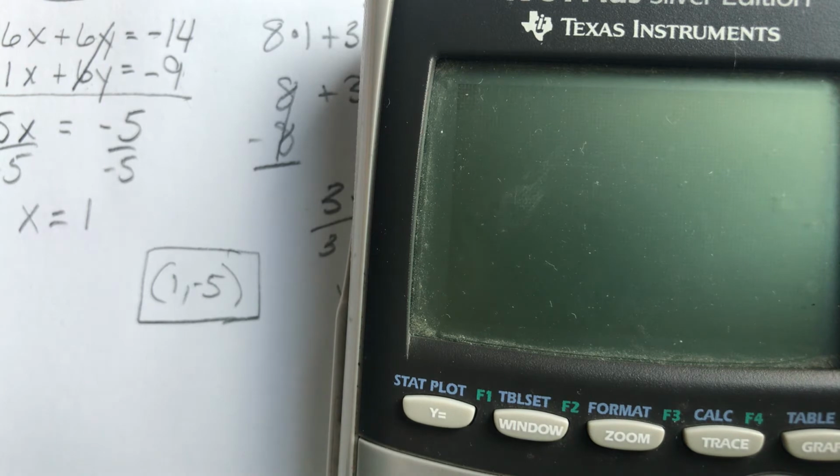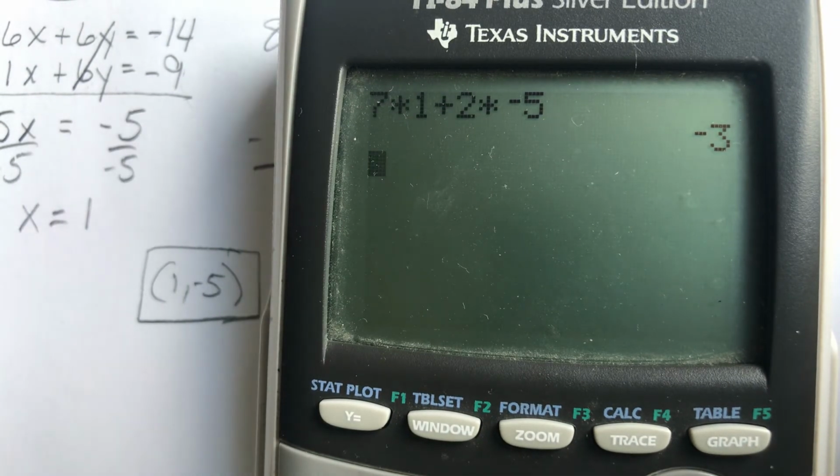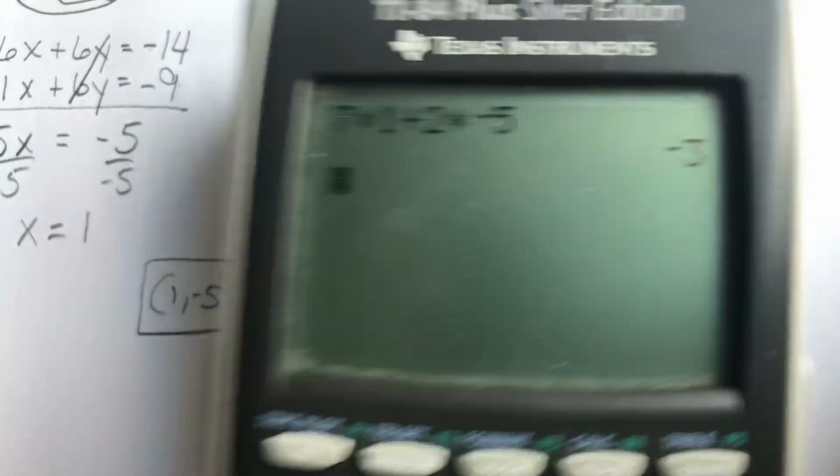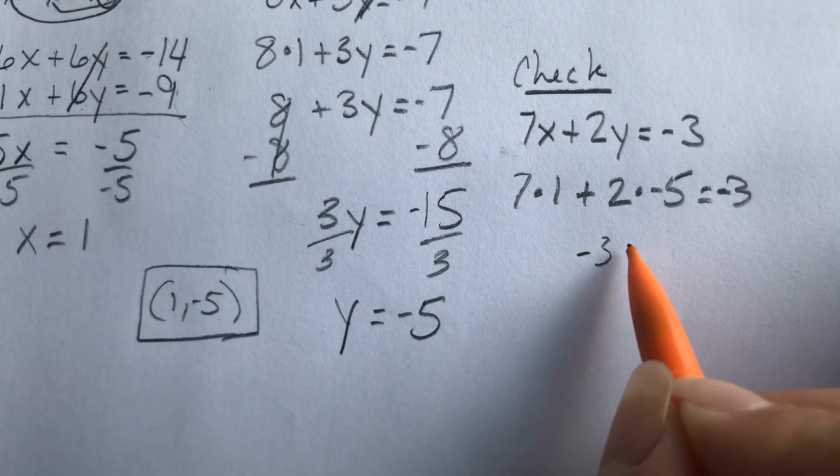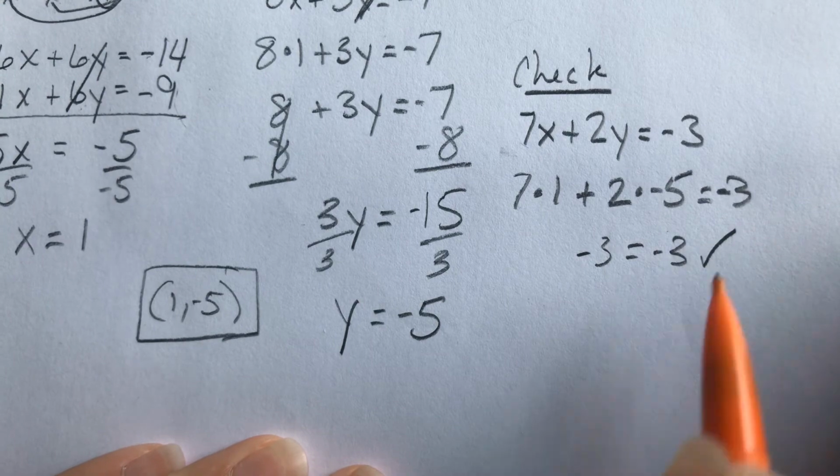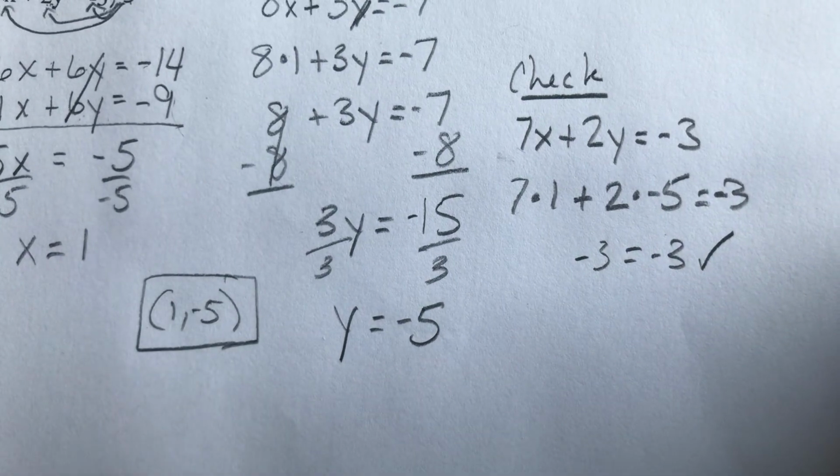You could still punch it all in the same. 7 times 1 plus 2 times negative 5. I'm looking to get negative 3, and I did. I know my check is correct, so I know I did it correctly. Negative 3 is equal to negative 3. Okay, so it's up to you on how much work you want to show there on your check.